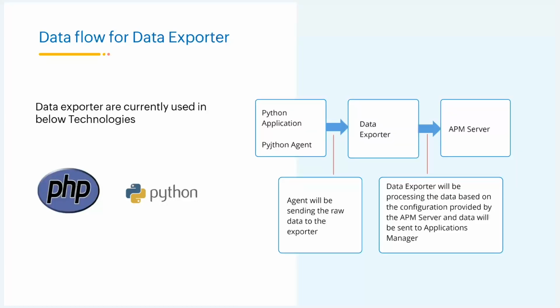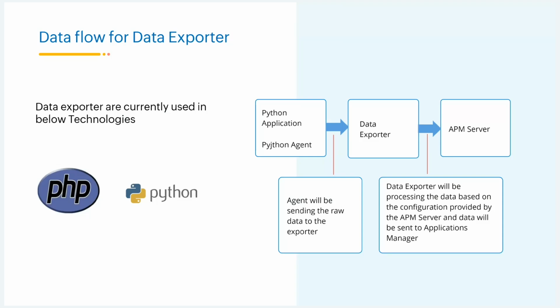Here is an overview of the data flow through the data exporter. The data exporter supports agents written in Python and PHP. These agents are responsible for monitoring the applications to capture their metrics and traces.